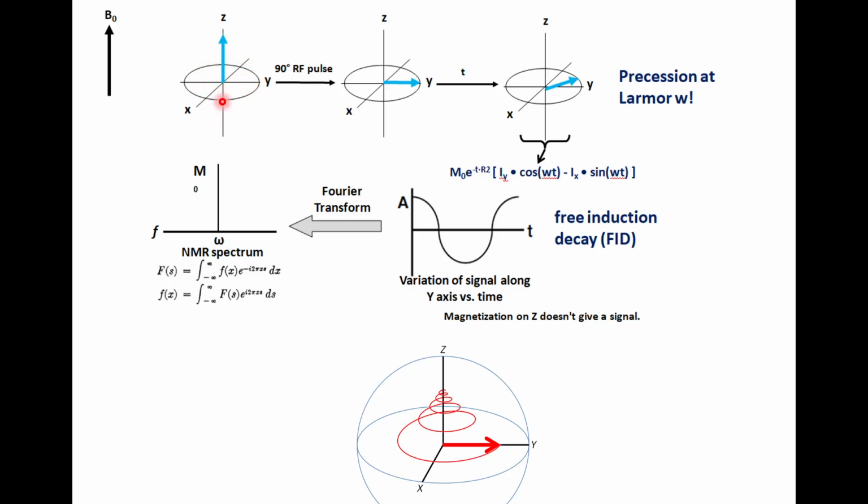And what will be the direction of the magnetic field? If you put your thumb in this direction and curl your fingers, you will see that the direction of the magnetic field is like this.